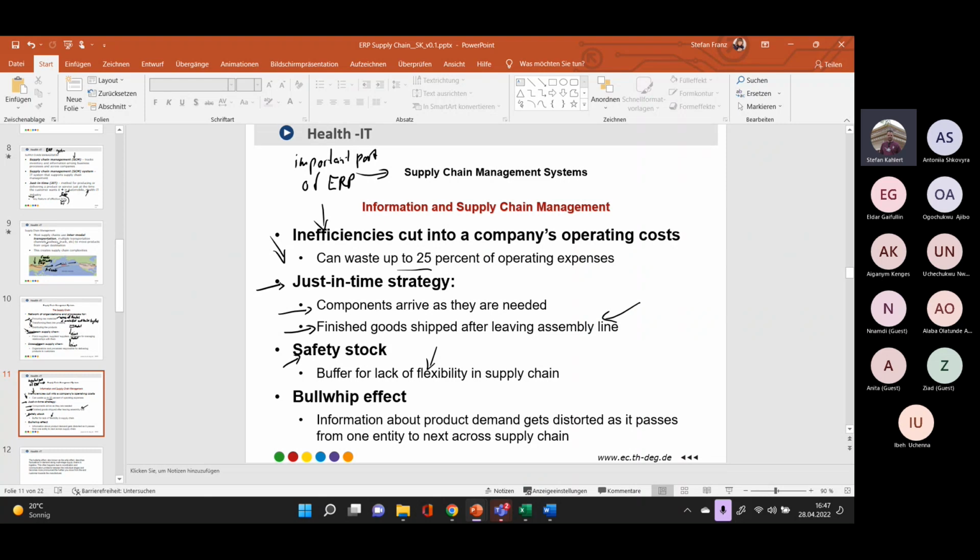So if you create a stock in a warehouse, for instance, you always have to do logistical planning, where the ERP system helps you.